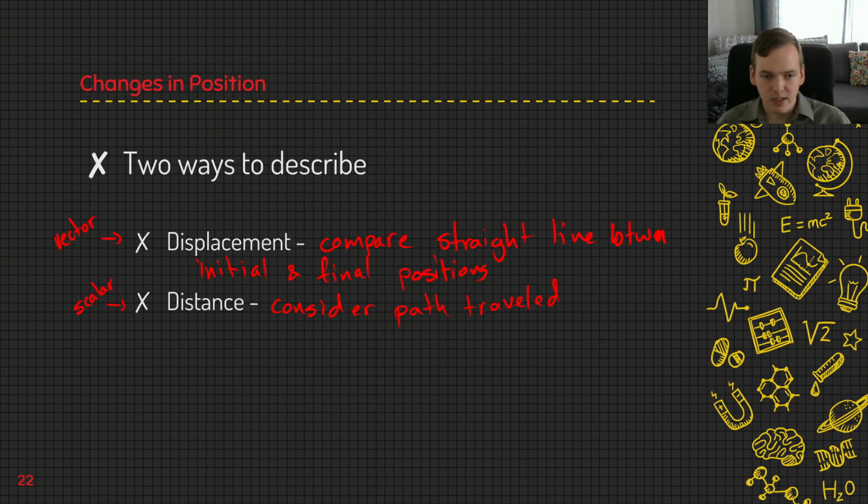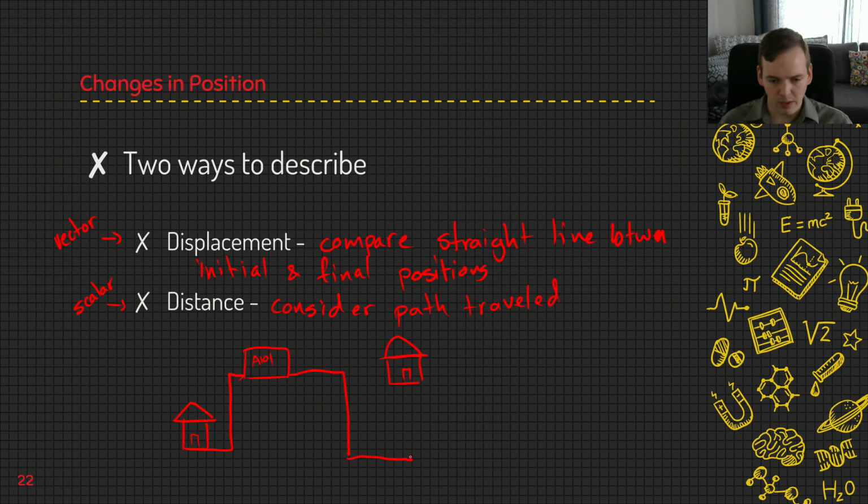So an example of the difference between displacement and distance: say you've got your house here, and a friend's house over here, and there's A101 right here. If you leave your house and travel to A101, pick up some stuff, then go like this and end up at your friend's house, your displacement is just this right here.